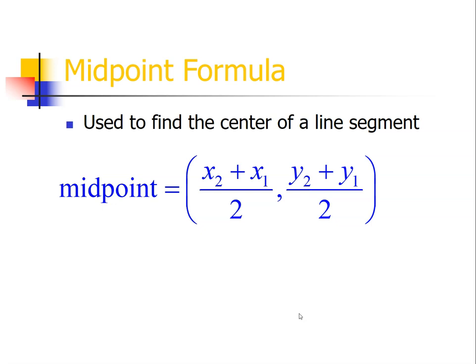So now, let's go and find the midpoint of the 2 points. So what will be the midpoint? The midpoint is equal to x sub 2 plus x sub 1 divided by 2. Midpoint meaning the center of a line segment. And then the other one, y sub 2 plus y sub 1 over 2.